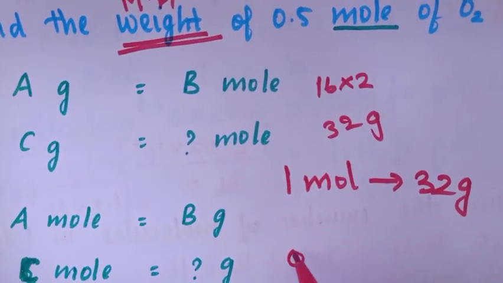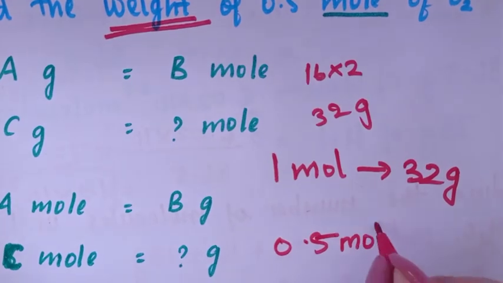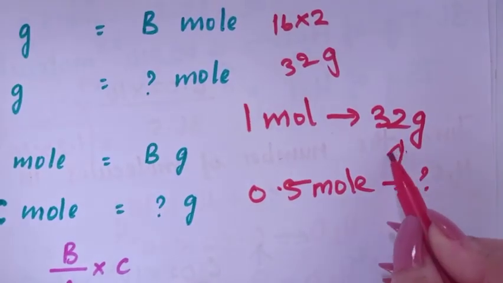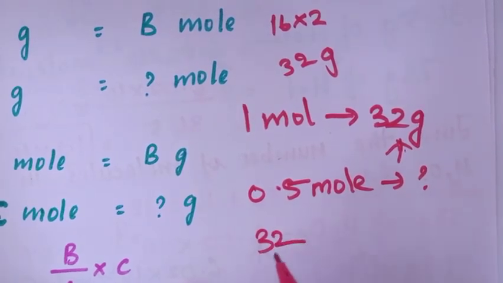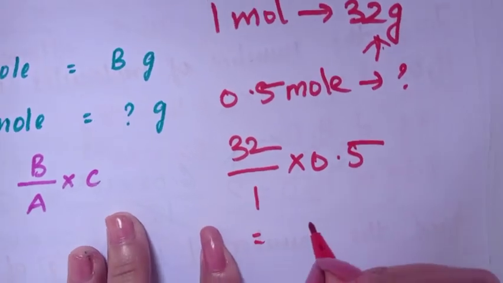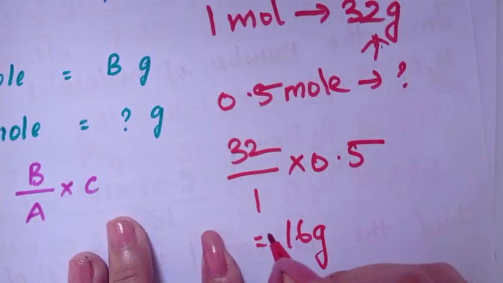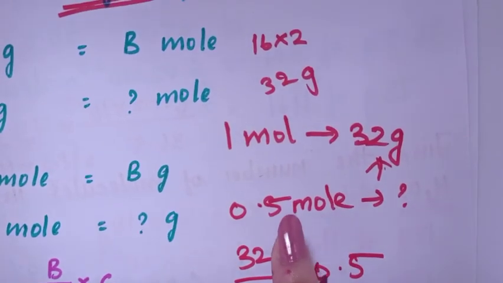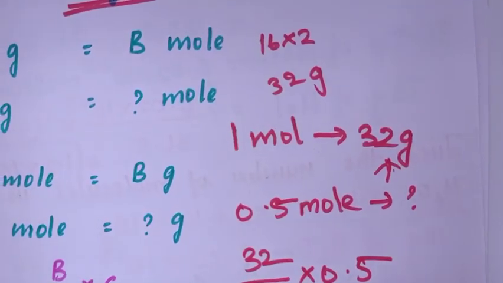Then 0.5 mole contains how many gram of oxygen? So you start the cycle: 32 by 1 into 0.5, you will be getting 16 gram. Have you found the answer? 16 gram contains 0.5 mole. Okay, that's it.